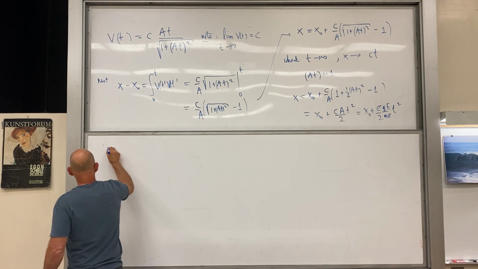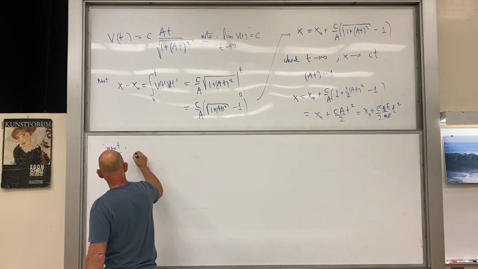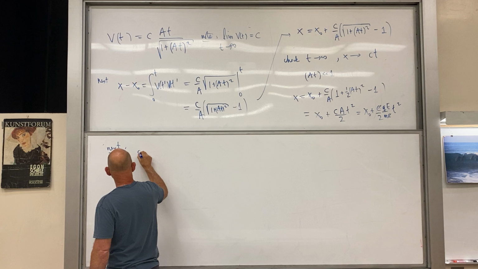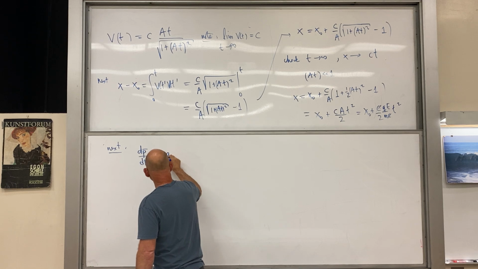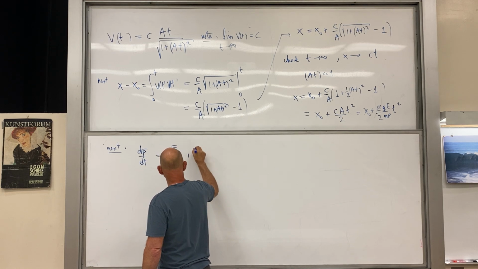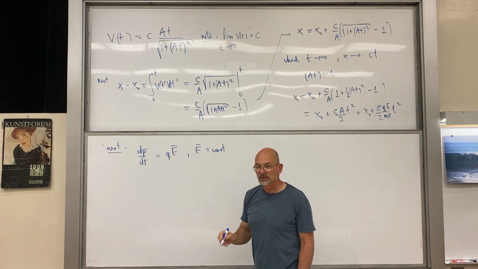Okay, so next, again, it's going to be dp/dt is equal to qE. E is going to be equal to a constant.